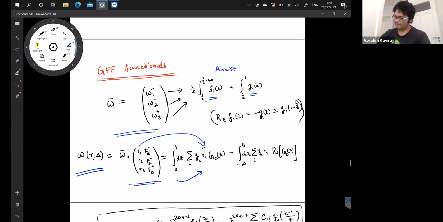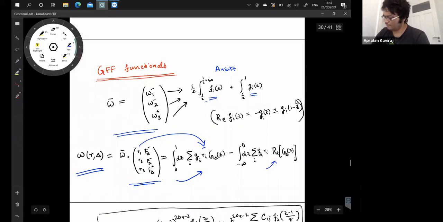So it's an integral like the following, and similarly an integral of a sum over fi and ri and the real part of g delta z. This form basically comes from this definition by a contour deformation.